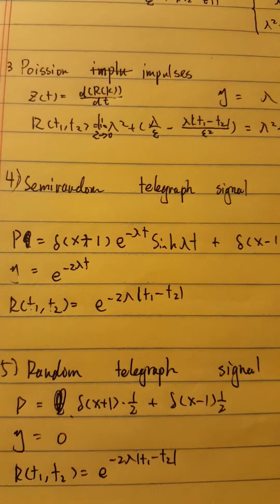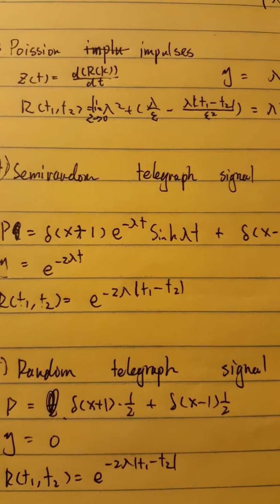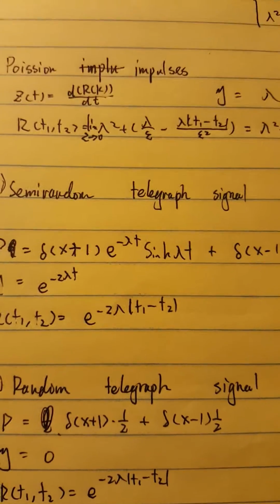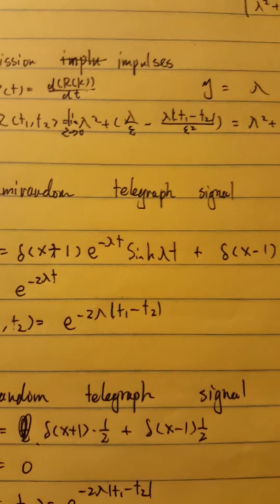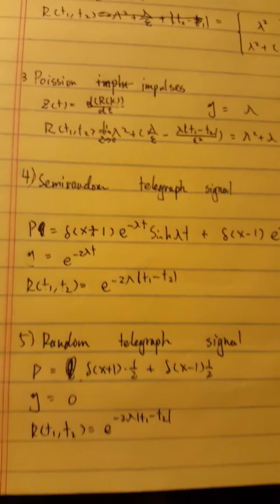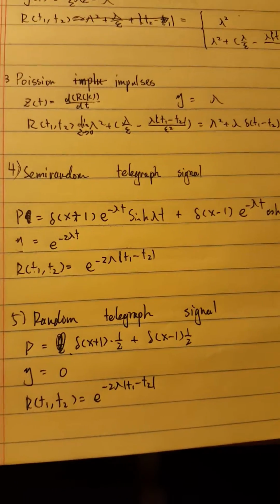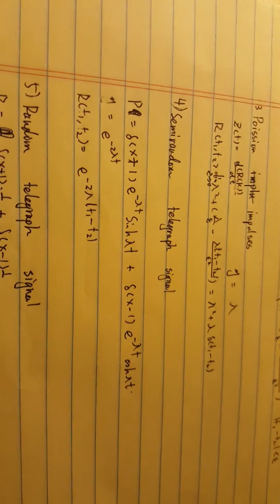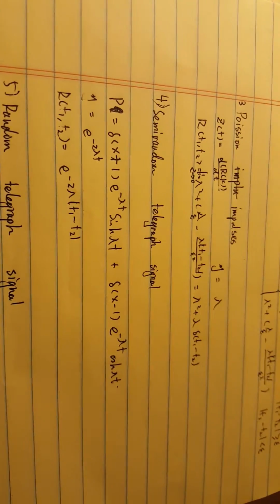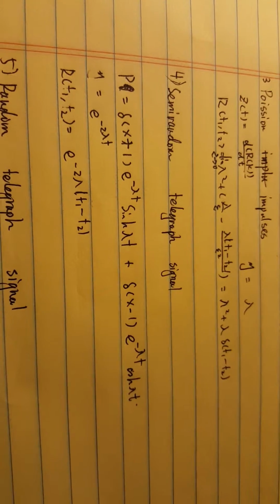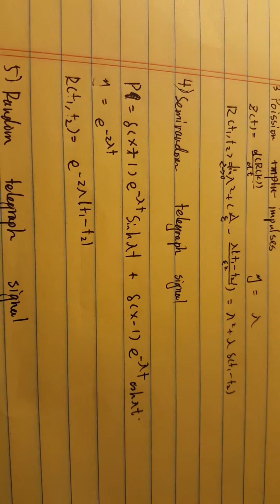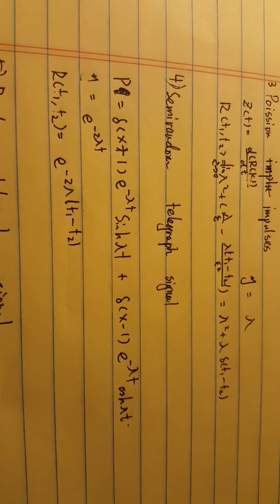If the number of flashes is even, the answer is 1. If it is odd, the answer is minus 1. This is the semi-random telegraph signal. It is very similar to the binomial process, and we can also calculate the density functions, the mean expectations and the autocorrelation functions.